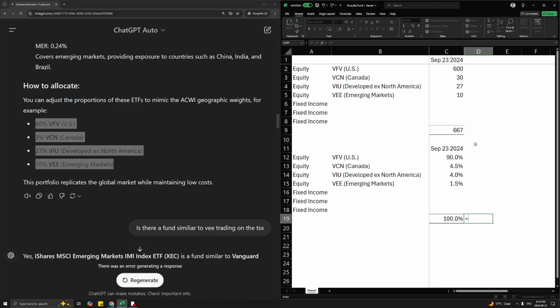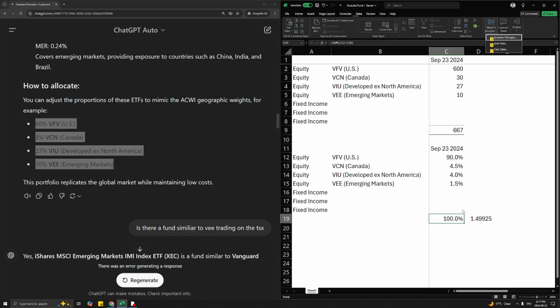This is how I would do it, right? If I were you guys and you wanted to follow along, so let's say you had $1,000, you do 1,000 divided by 667, 1.49255. Goal seek this to 1,499 percent by changing this cell.